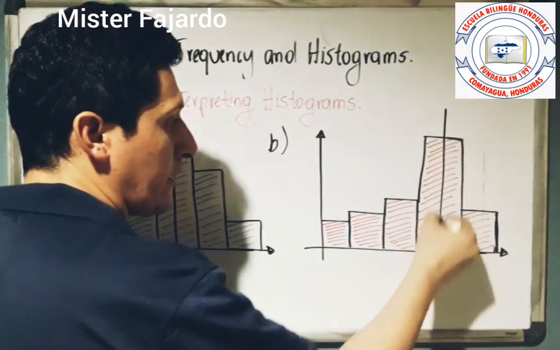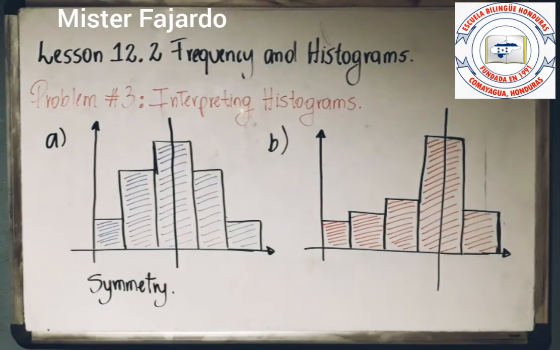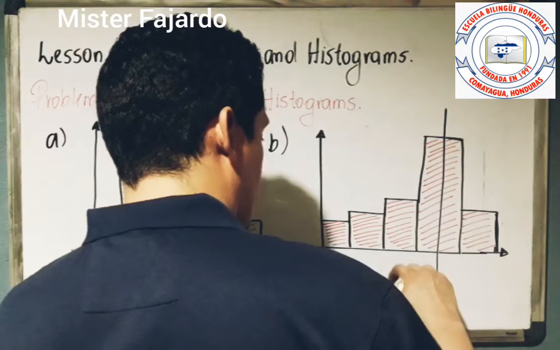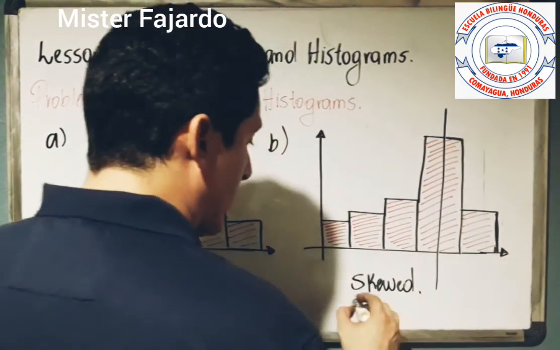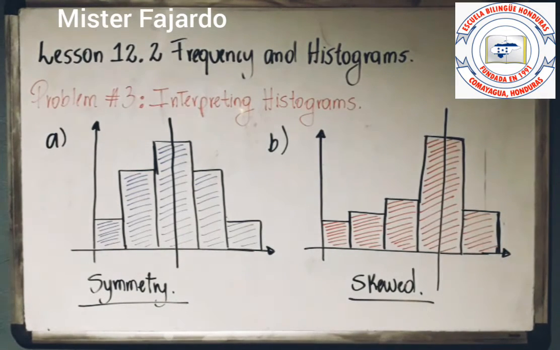And if you trace a line here, you can see that it's not in the center, and it's very unusual. That kind of histogram we call skewed. That means the information is not in order, okay? We can say that it's skewed. In this case, we have 2 types: the one that is symmetric and the one that is skewed.